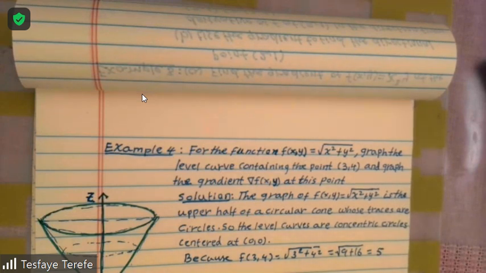And that means we will have a plane parallel to the xy plane whose z value is equal to 5. So let us make this one 5. And then I'm going to draw that plane.